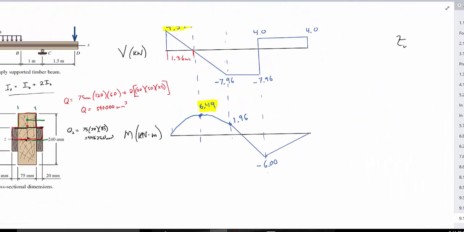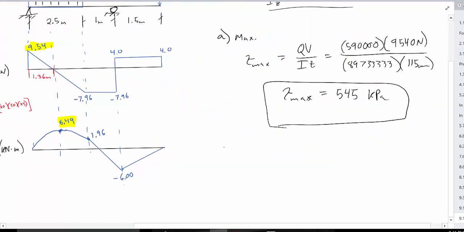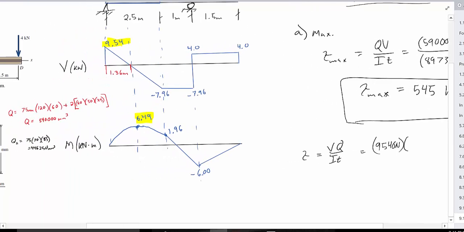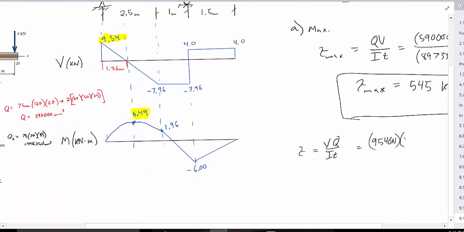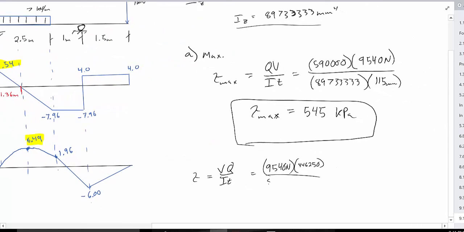Okay. So we take that Q value, and let me go back over here to where I was working before. Our shear at those points is going to equal VQ over IT, which is again our 9,540 newtons multiplied by that Q value I just determined, 446,250, and divided by our moment of inertia, which again is 897,333.